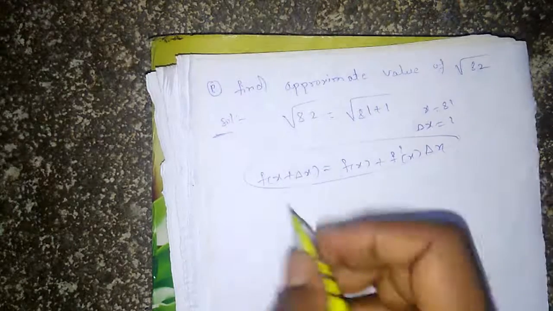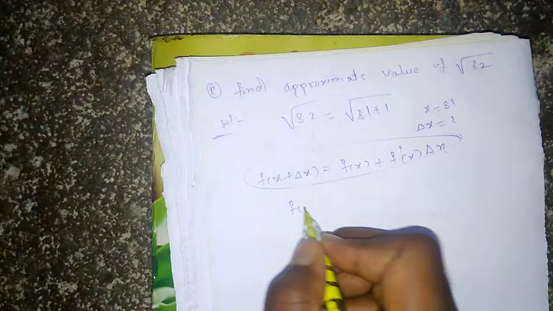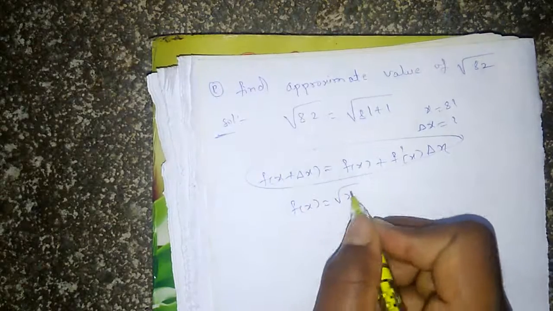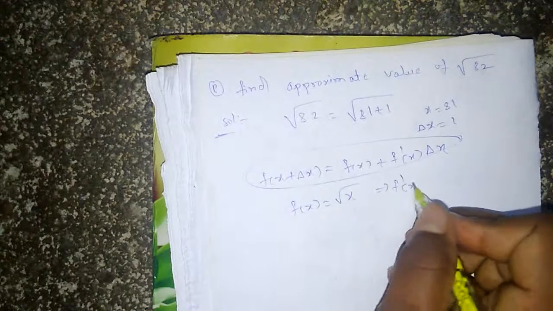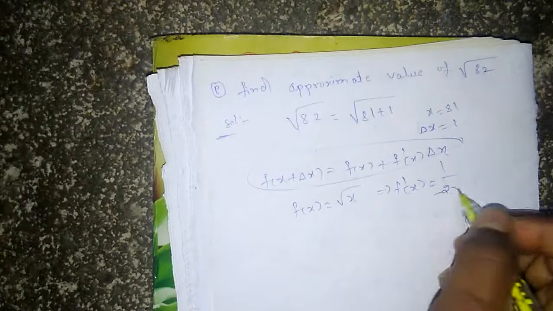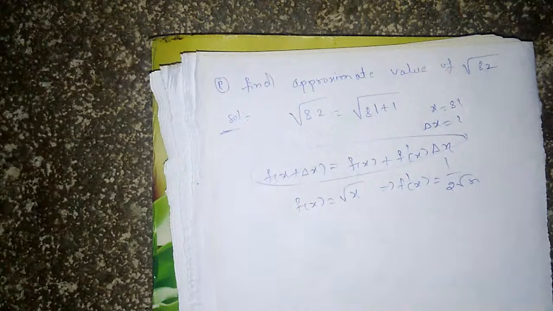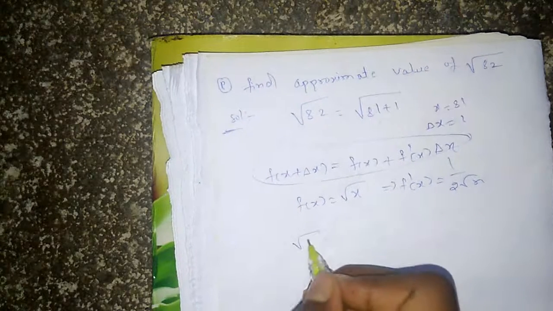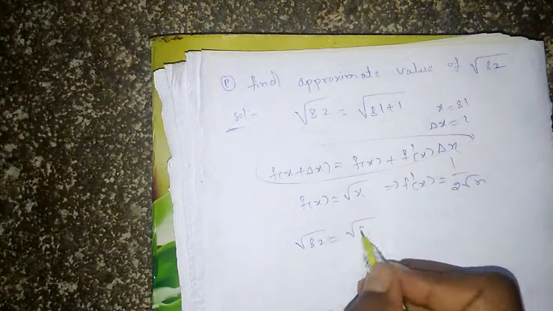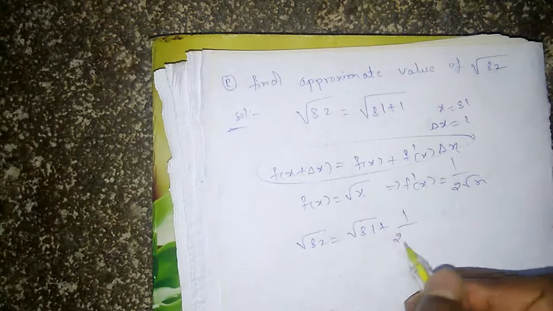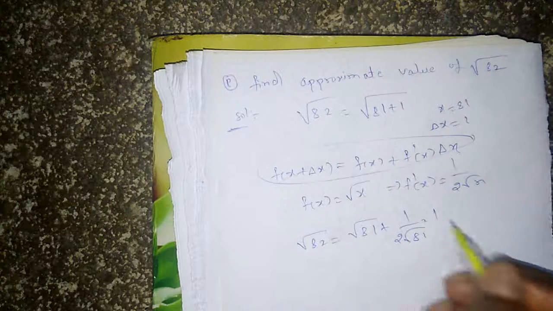This is approximation formula. Here f of x we can take it as root x, implies f dash of x is equal to 1 by 2 root x. Now root 82 is equal to f of x, that is root 81 plus 1 by 2 root 81 into 1.